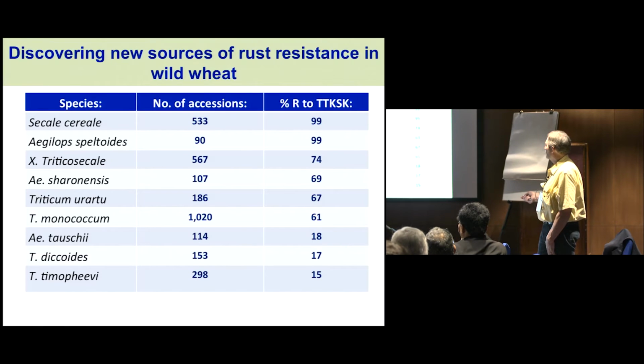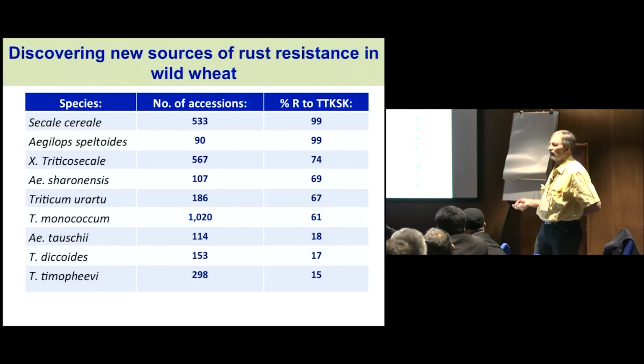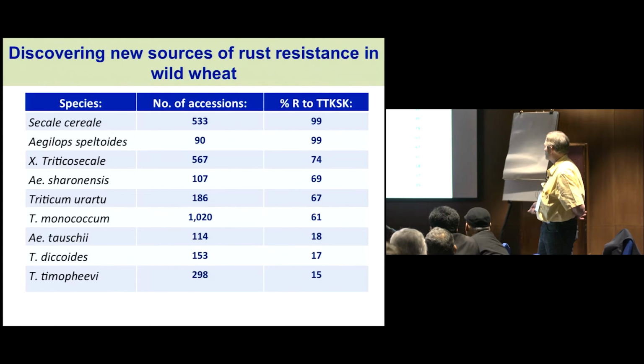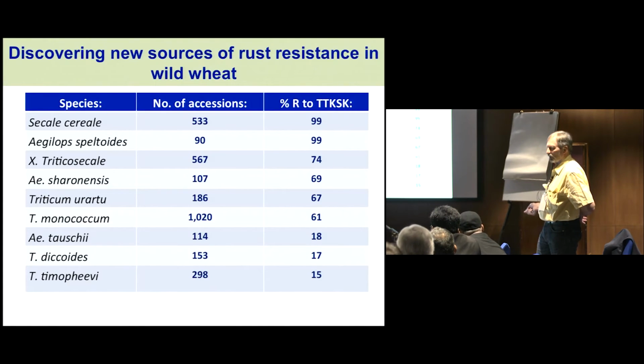For Aegilops, out of 90 accessions explored, most of them showed some resistance to TTKSK. The number of species that have some resistance is quite significant. Triticum timopheevii didn't seem to be very productive. If you looked at almost 300 accessions, you found only 15% that had a resistant reaction to that pathotype.